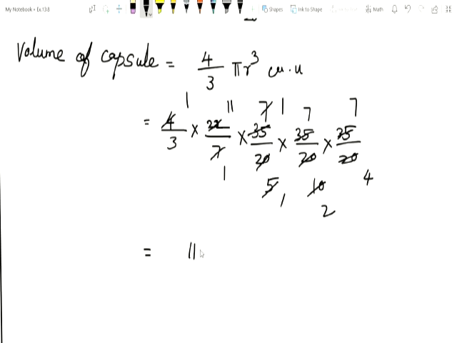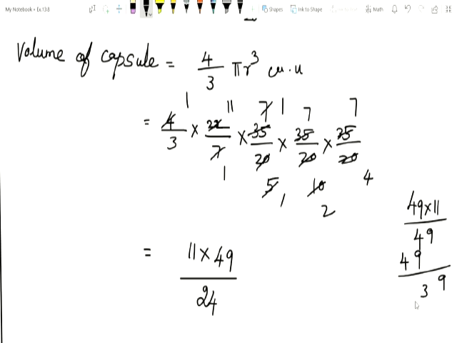So 11 into 7 7s are 49, divided by 3, 2 and 4. 3 2s are 6, 6 4s are 24. Now multiply 49 into 11, which is 539. So 539 by 24. Now you divide this.